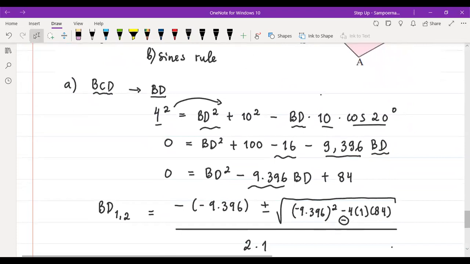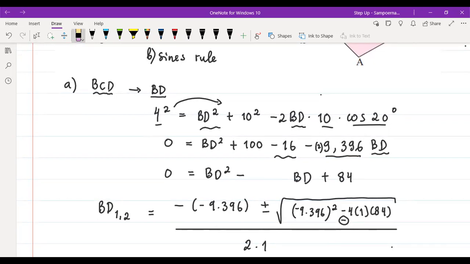I made a mistake here. 2 times BD times 10, I have to multiply by 2. So this one is not 9.396.